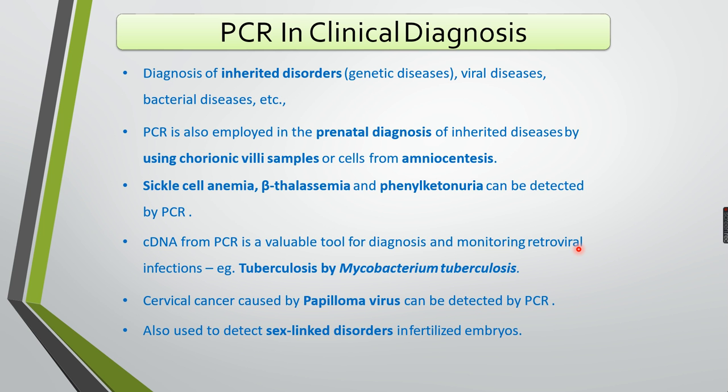When they attack the host cells, their RNA is reverse transcribed into DNA, and after its multiplication, this DNA is once again transcribed into RNA. This RNA to DNA, DNA to RNA conversion is called a retrovirus.